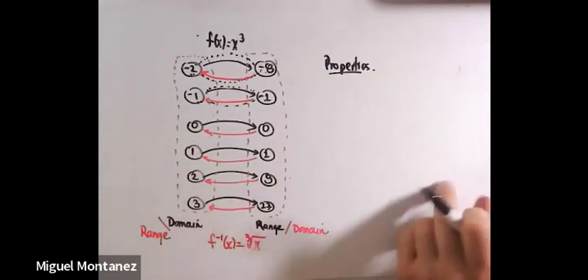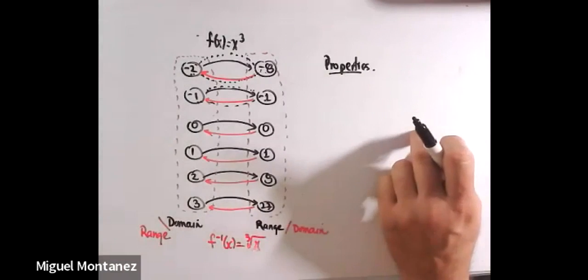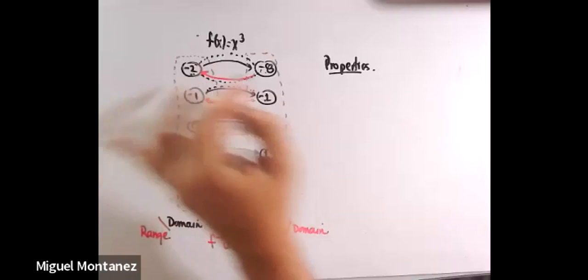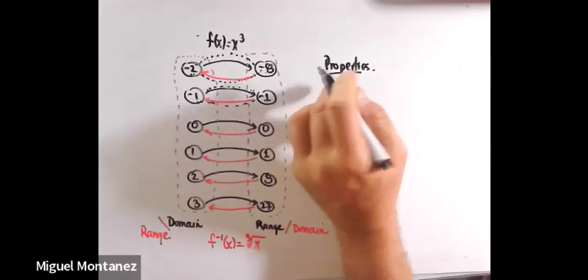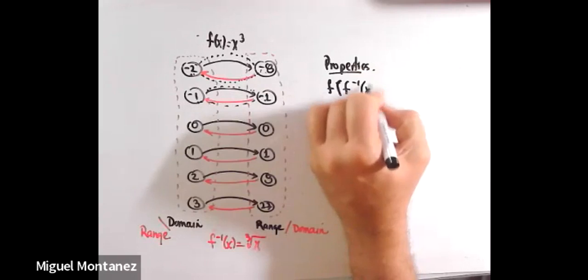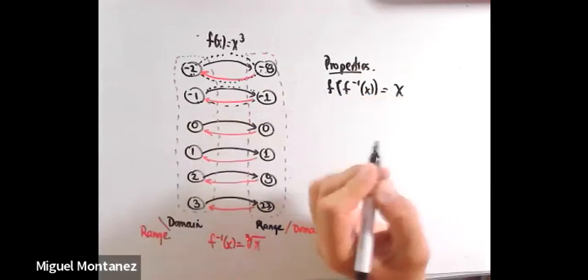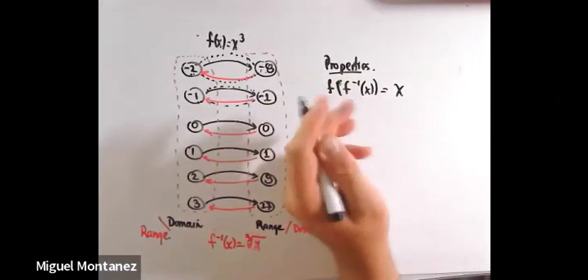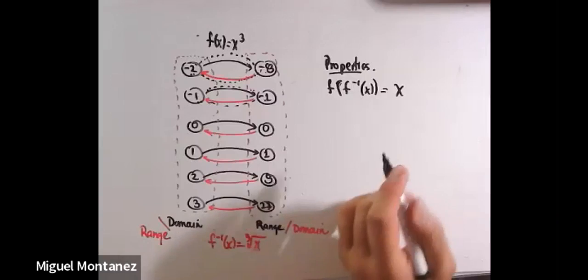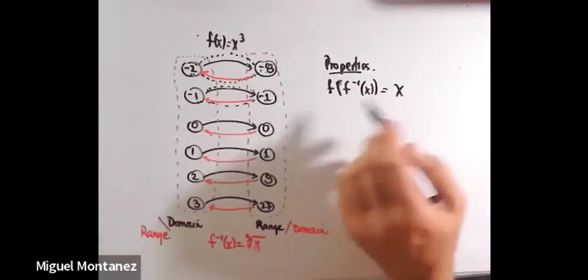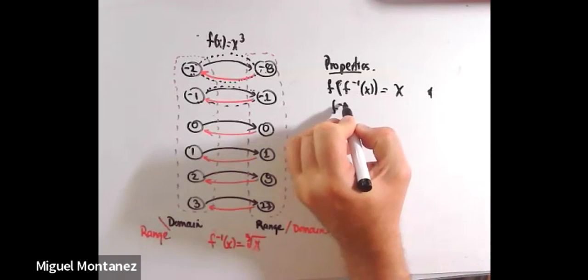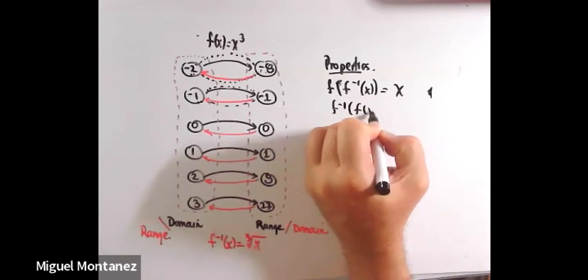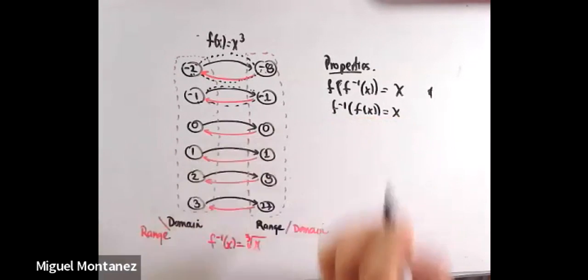Like pressing the GPS, give me the reverse directions. So that concept is what we do here when we do f of f inverse of x equals x, and f inverse of f of x equals x.